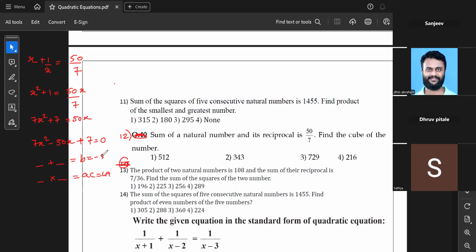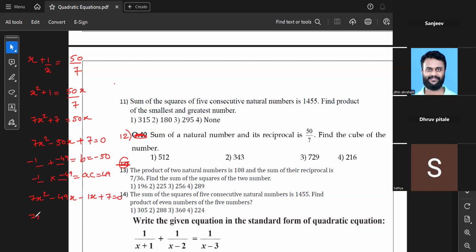In this case it is -50. So those two numbers are -1 and -49. You multiply them, you get 49, but when you add them, you get -50. So I'll say 7x square minus 49x minus 1x plus 7 is equal to 0.